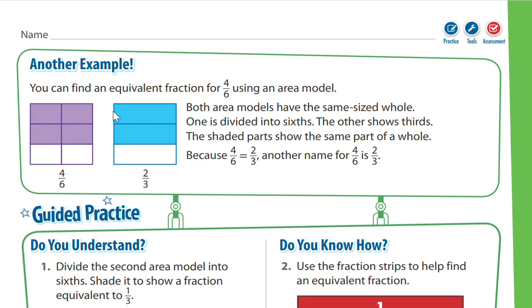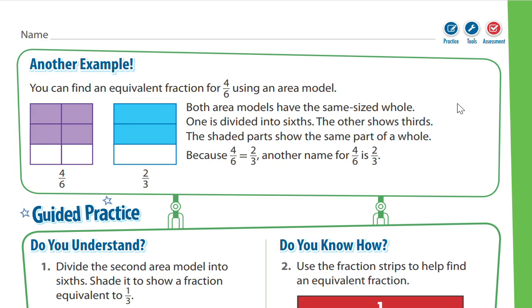So let's use that to take a look up here at these two fractions. The purple fraction, I have 4 pieces shaded in out of 6 total pieces. Over here, I have 2 pieces colored in out of 3 total pieces. The explanation here says that both area models have the same sized whole.